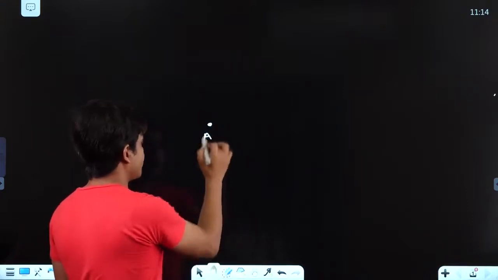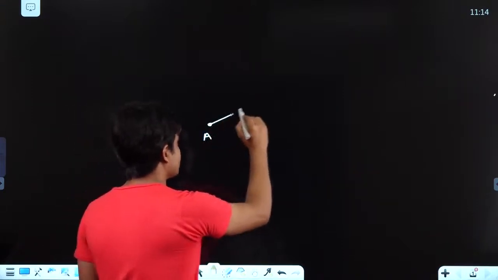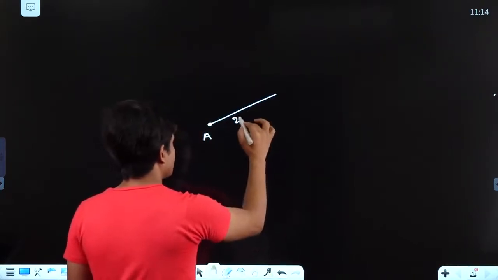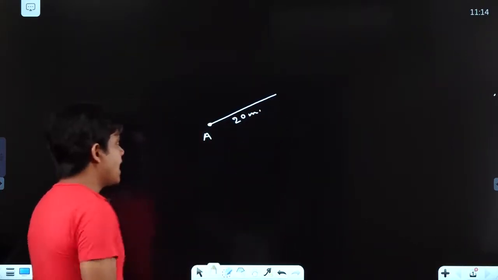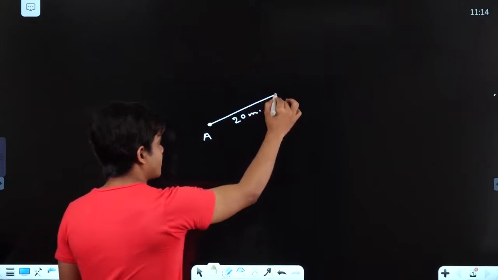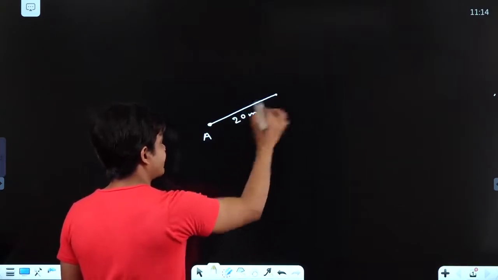Think a horse is tied over here. This is the point A, and this is the rope, call it 20 meter, and the horse can travel through this tight rope.